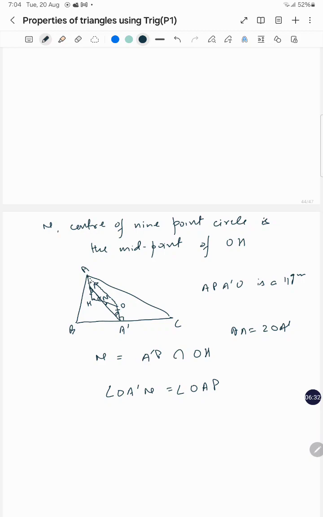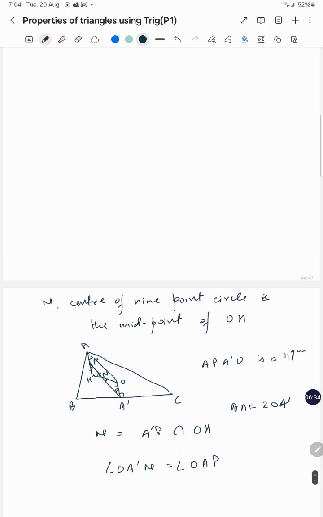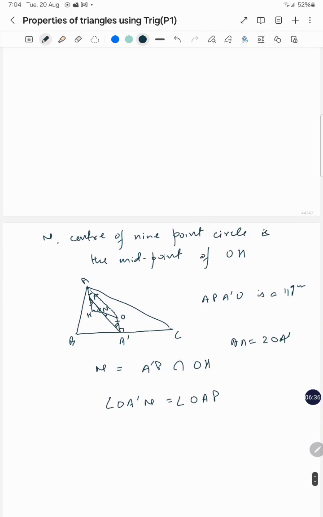And this angle OAP is equal to angle NPH. So triangle PNH is congruent to triangle A prime NO, and N is a midpoint.